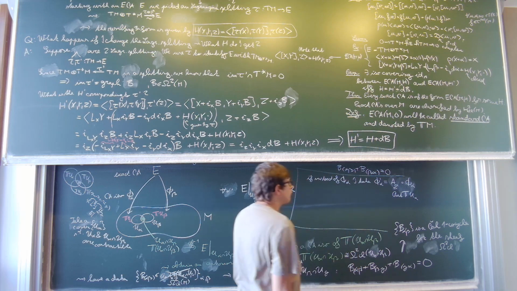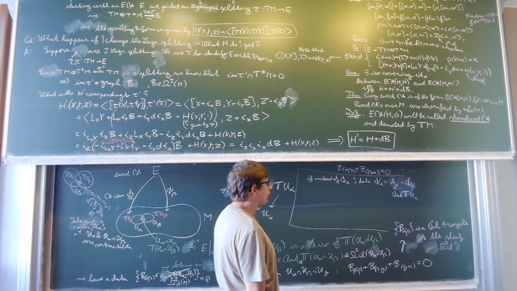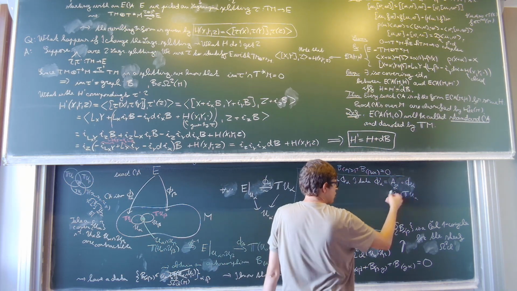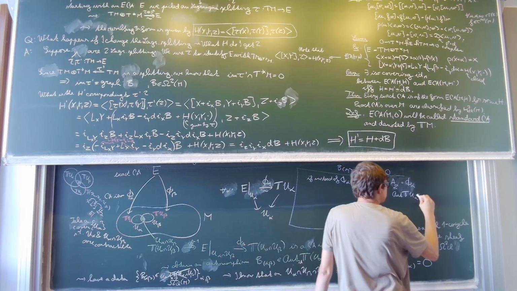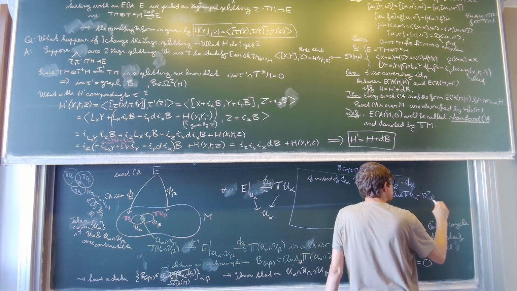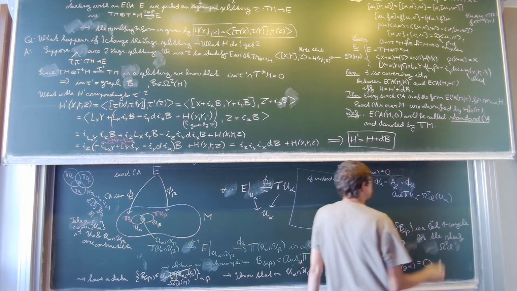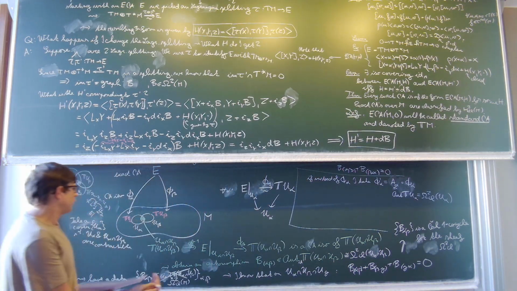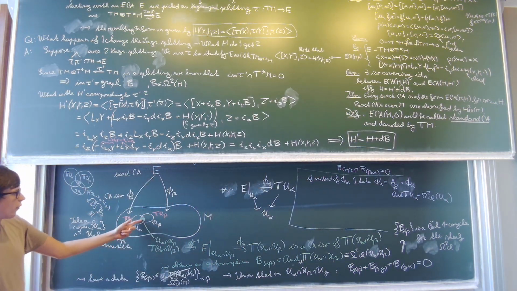So now I have a bunch of these A's which live here. This is the same as closed two-forms over U alpha. And you can ask, how does this change the corresponding B's?